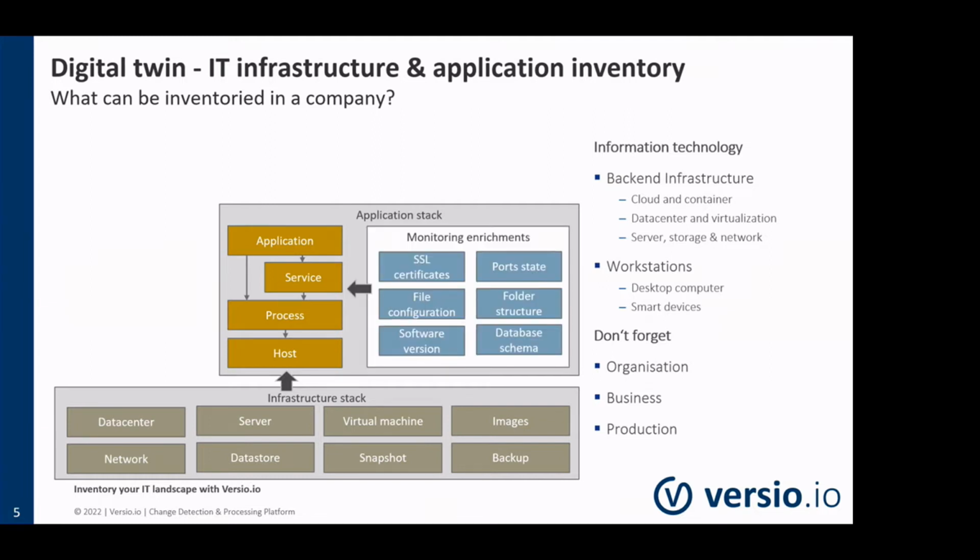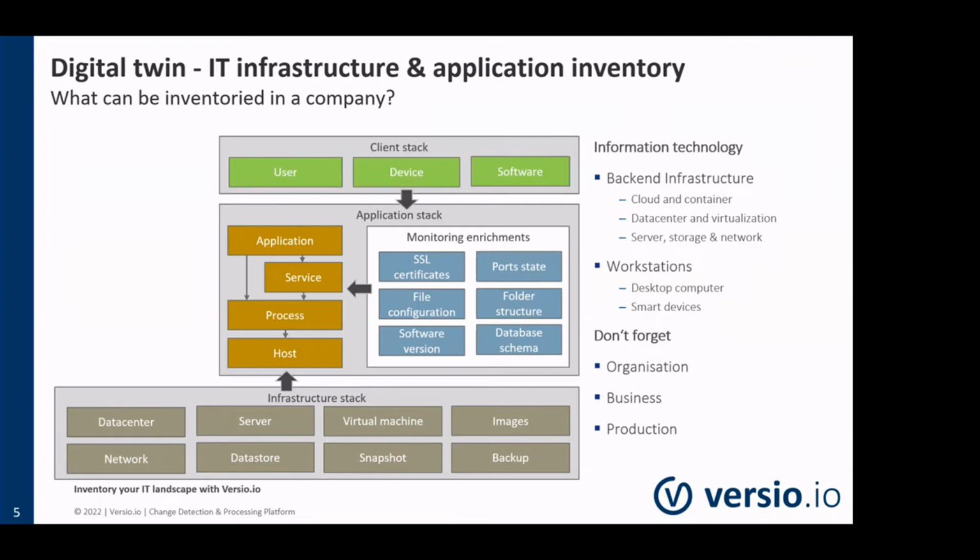Compared to application performance monitoring, we can monitor additional text-based artifacts. This includes, for example, SSL certificates, file configuration of a web app or database server, or database schema. This way, you can enrich your infrastructure or your APM monitoring.